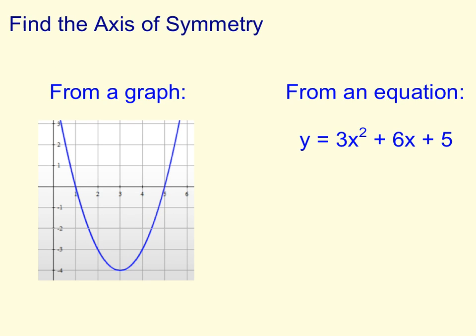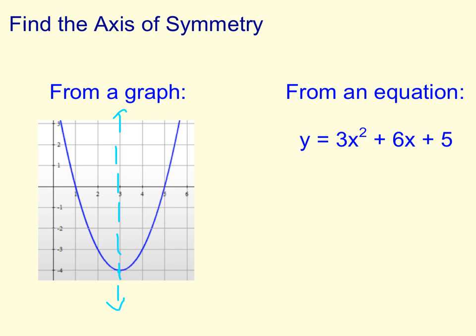So finding the axis of symmetry from a graph, you could approach this a couple ways. You could find your vertex, which is down here, and we know it's going to be the vertical line that crosses through that. So here's the vertical line that crosses through.